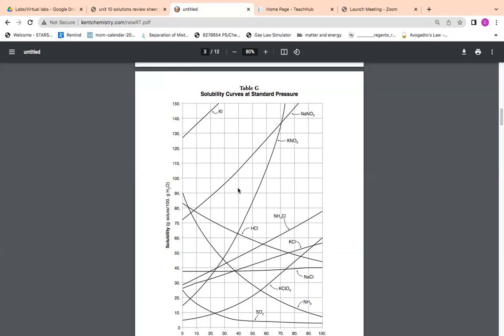Okay, so they're telling us that we have NH3 at 90 degrees Celsius in 100 grams of water, which is given to you right here. And we want to know how many grams of this could an unsaturated solution contain. So here is our line. Again, this is going down because of the solubility of gases, ammonia is a gas.